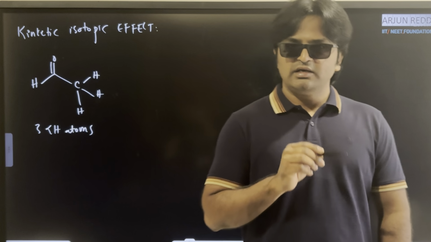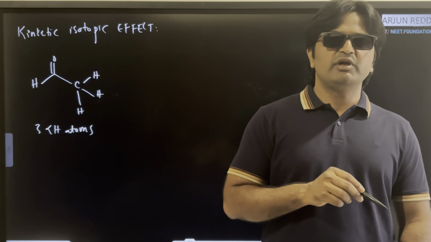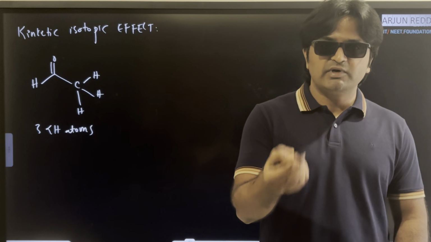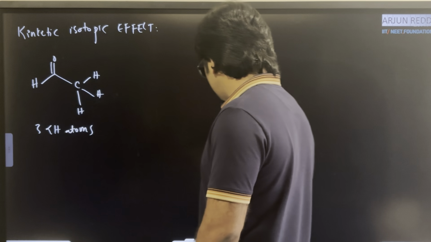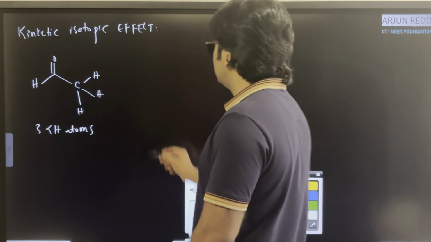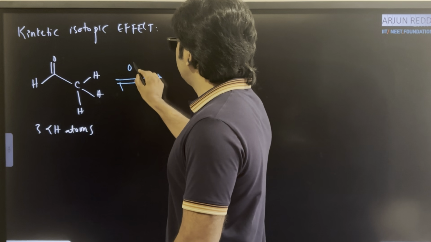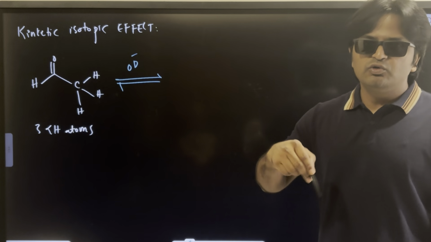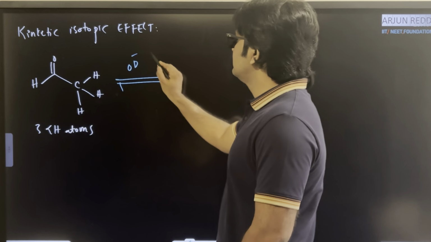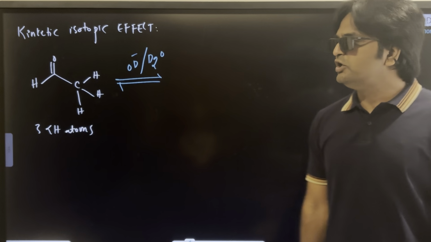Acidic or not? Definitely, if that CH is present at the alpha position to a carbonyl functional group, it acts as acidic in nature, right? Here I am going to take one condition: in presence of base, but here in place of hydrogen I am taking deuterium to replace hydrogen atoms by deuterium, and instead of water molecule here I am taking heavy water, D2O.